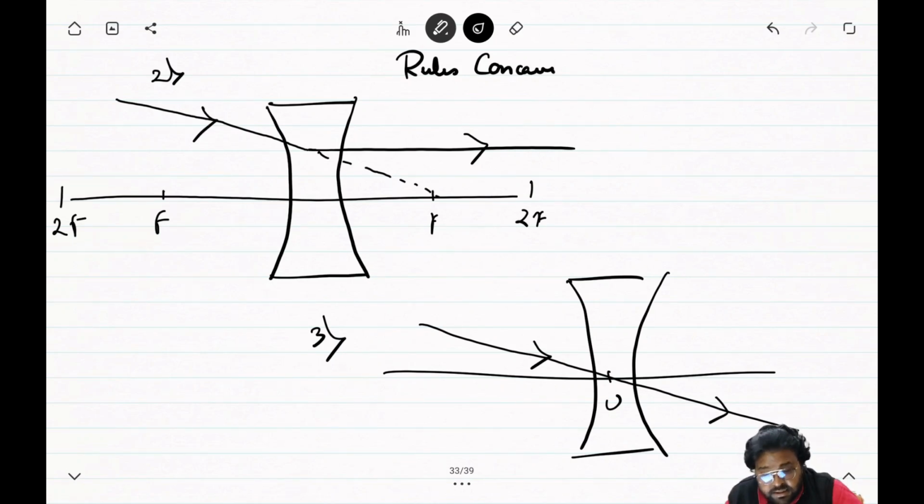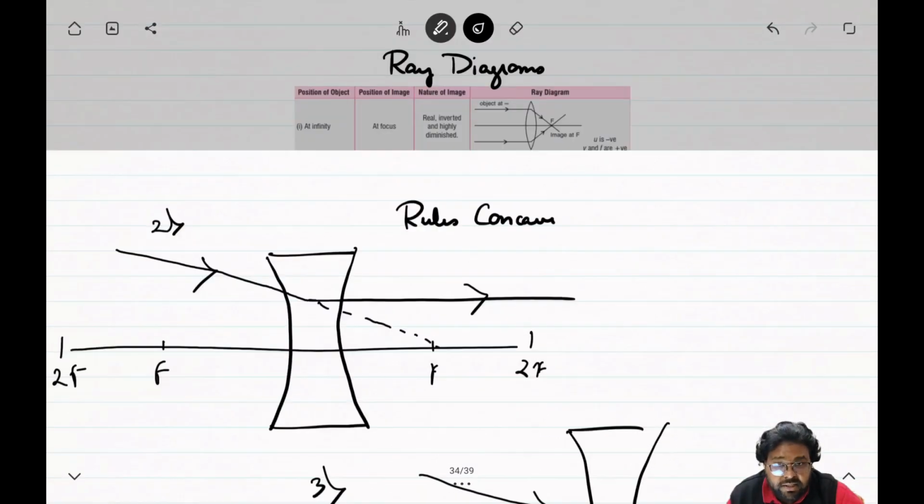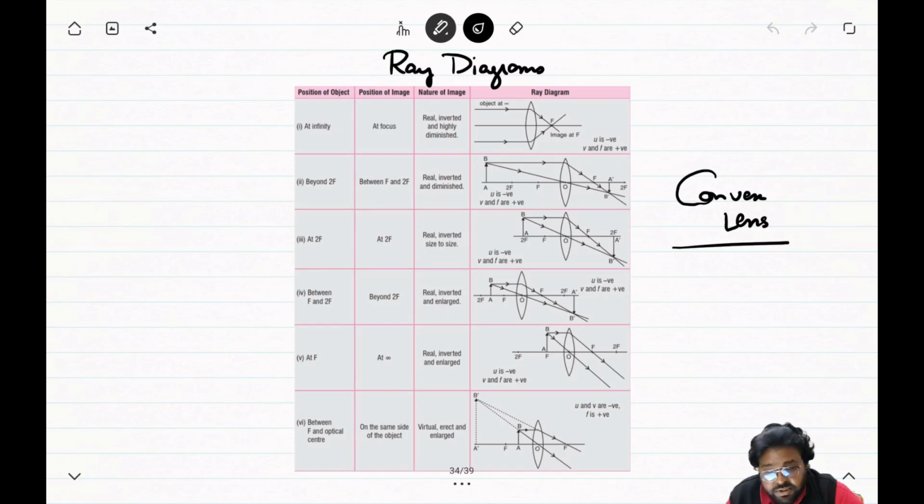So these are basically the rules to form images. And just similar to the convex mirror and concave mirror, we have image formation in convex lens and concave lens. Concave mirror, 6 ray diagrams, 5 real, 1 virtual. Convex lens, 6 ray diagrams, 5 real, 1 virtual.